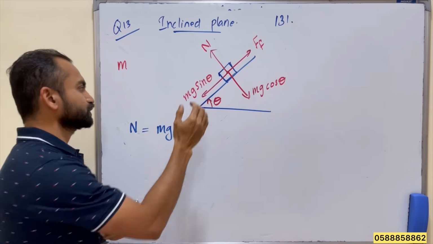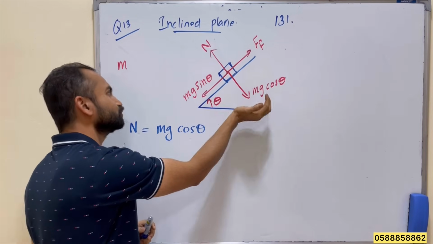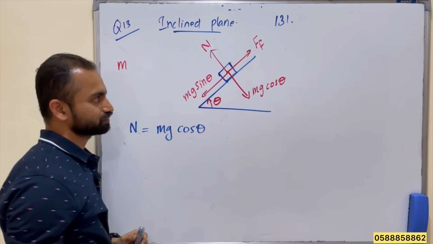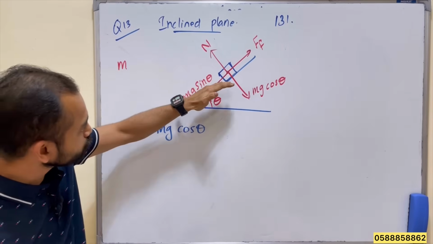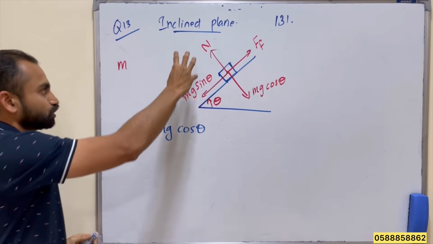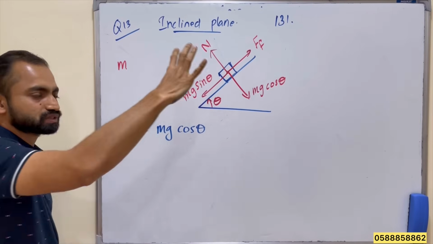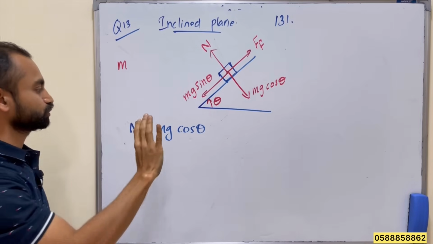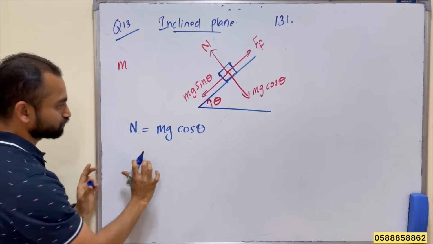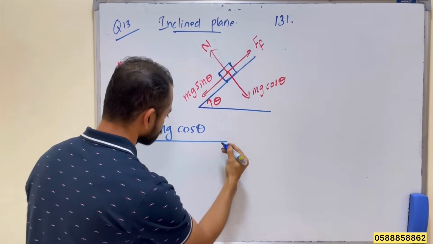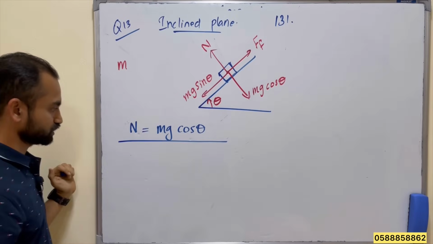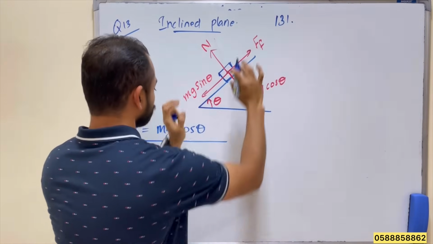Why? Because this block will not move in the upward direction or into the plane. It does not have motion along this direction. So the normal force on an inclined surface is always equal to mg cos theta, without any condition. Then I am talking about these two forces.